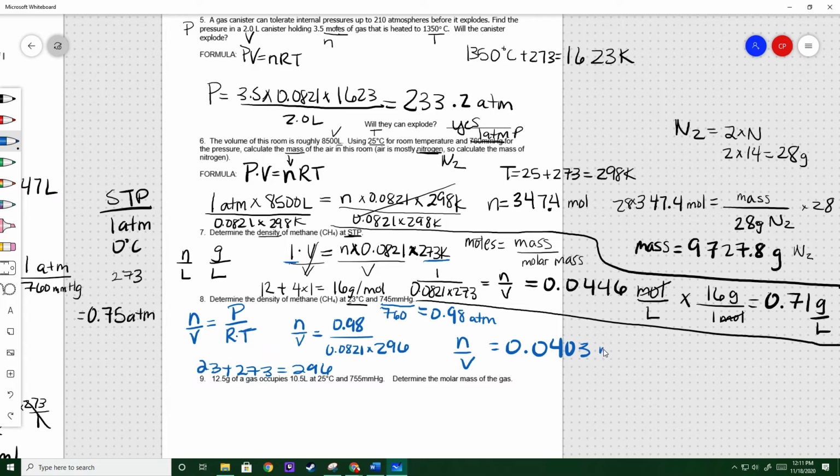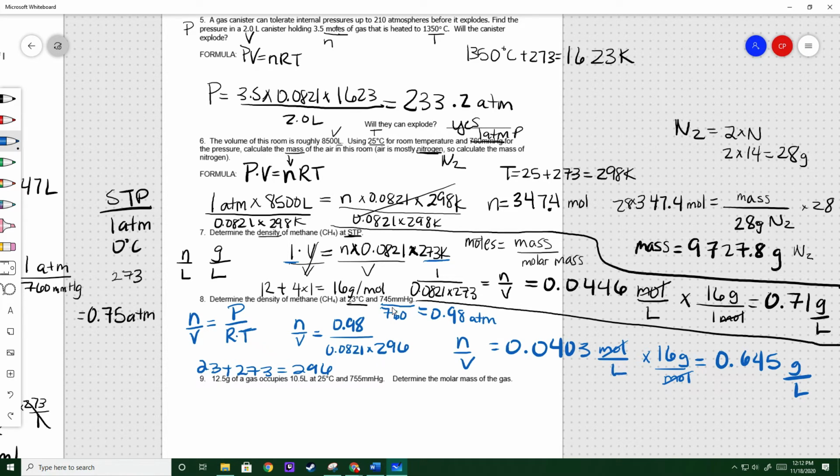And that's moles, because remember N is moles, and then volume would be liters. So then next, I'm in the same place as I was here: because we still have CH4, multiply it by our molar mass. And I would get 0.645 grams per liter.